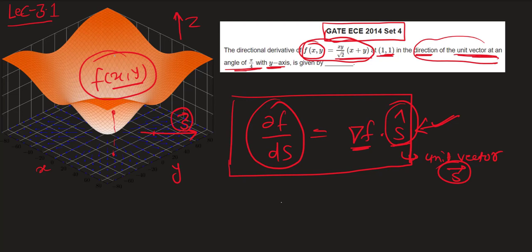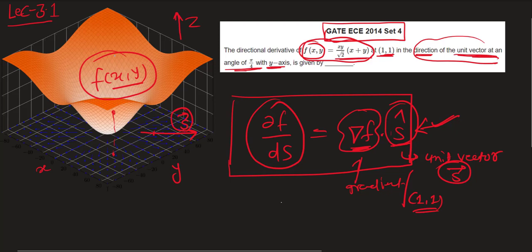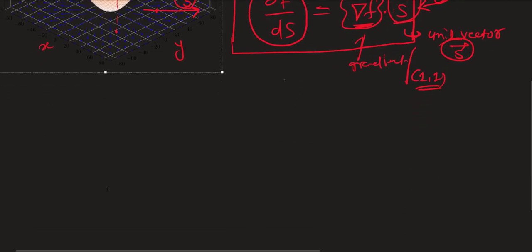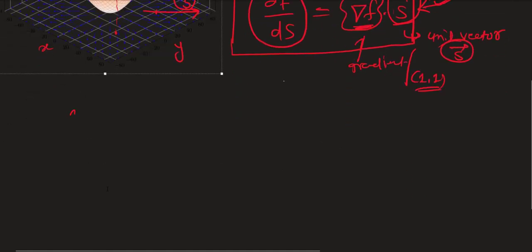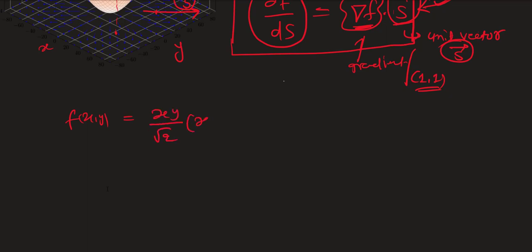So we just have to put these values in this equation to get the directional derivative. Let's first calculate this gradient del f at the point (1, 1). Then we will be finding this s cap, which is the unit vector. So let's calculate this gradient of f. My function f(x,y) is given as xy by root 2 into x plus y.